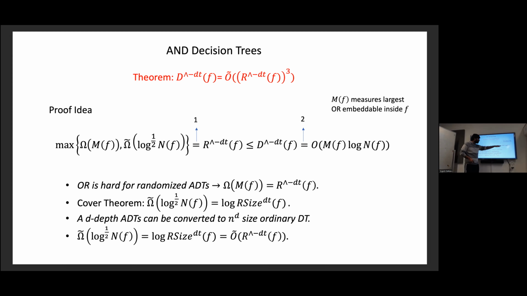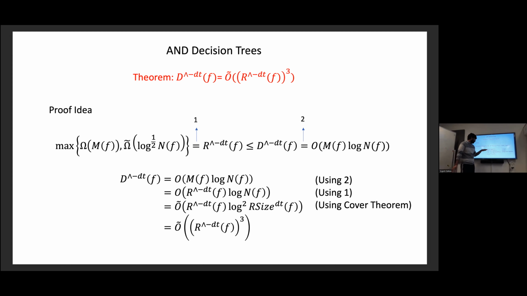Because what we'll do is invoke a size theorem here. What we have is that AND decision tree complexity is upper bounded by this measure MF and log of the cover number. The MF essentially says that an OR is sitting there, so the randomized AND decision tree has to be large. And the log of the cover number, we can use our size theorem to upper bound by log of size to the power 2.